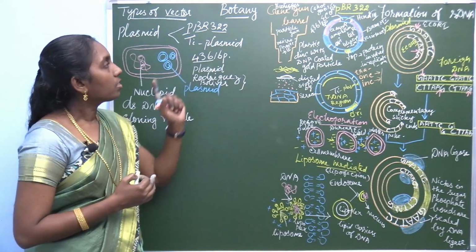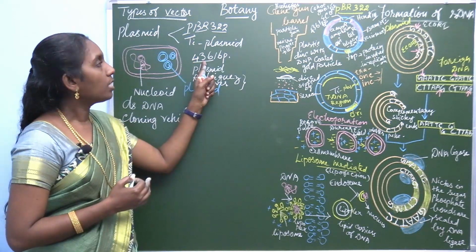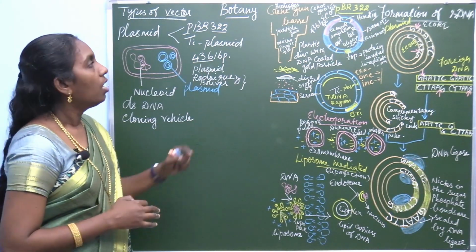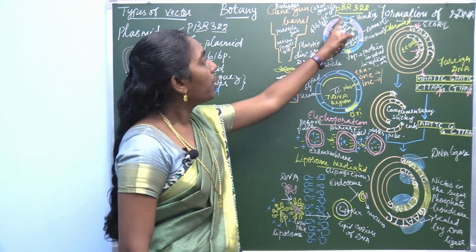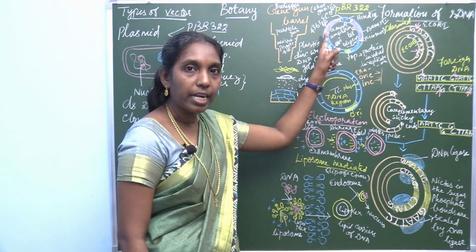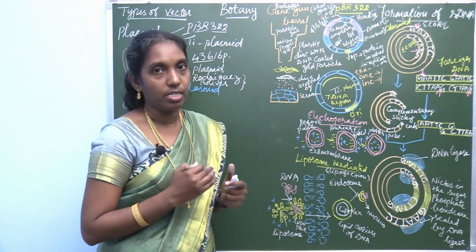And how many base pairs does PBr322 contain? 4,361 base pairs. Look at this diagram. This is the plasmid called PBr322, which contains different regions.